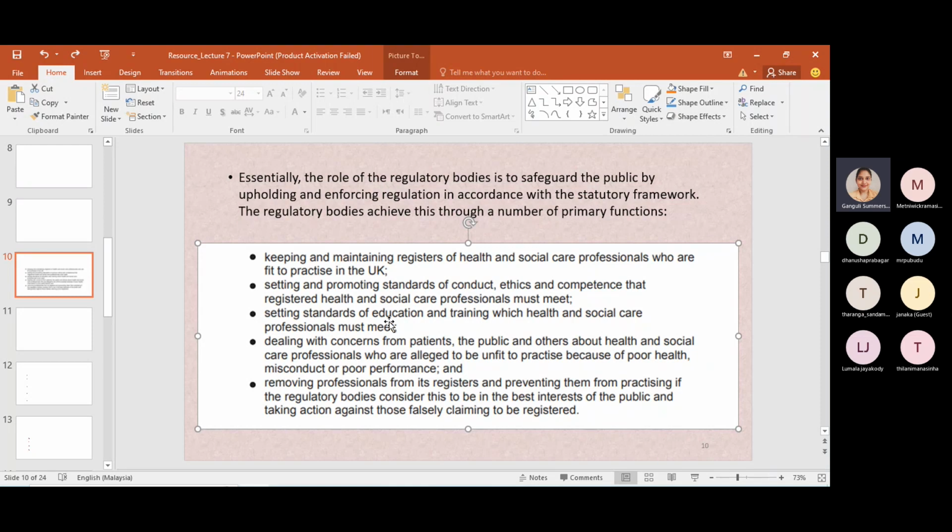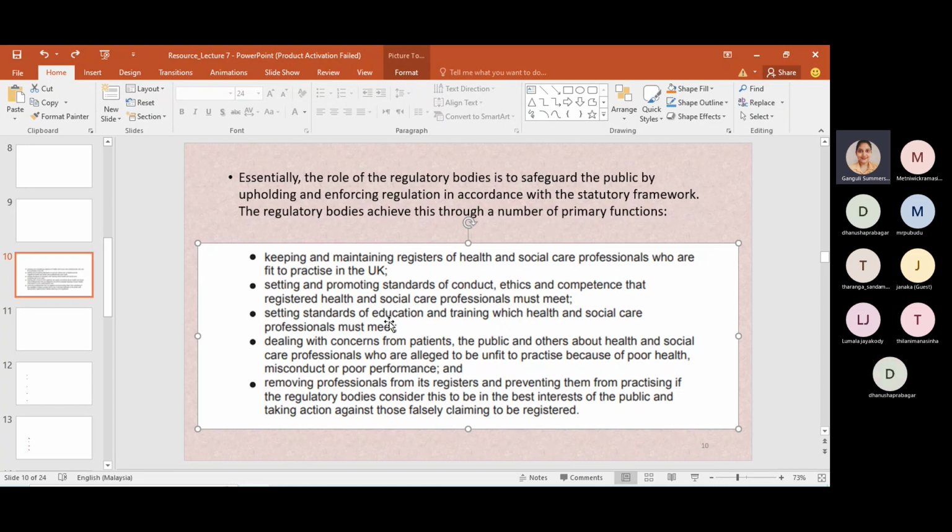They also provide education and training programs for health and social care professionals. And they also deal with patients' concerns and public concerns.